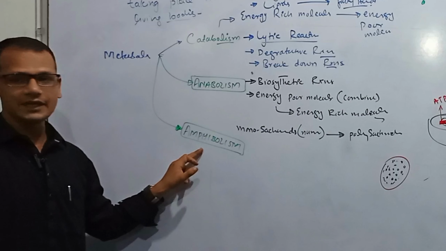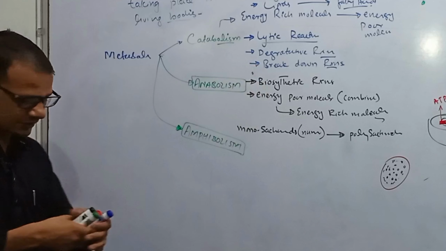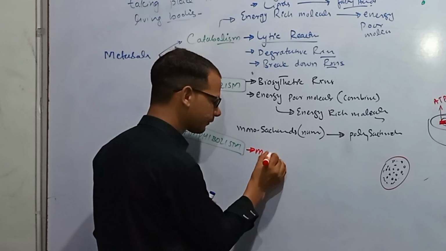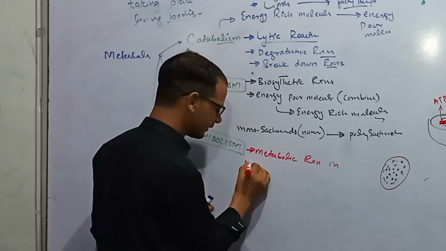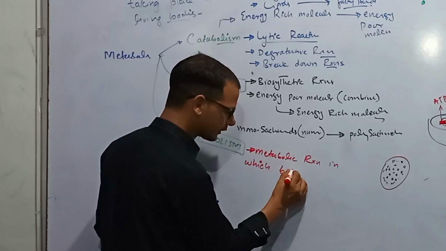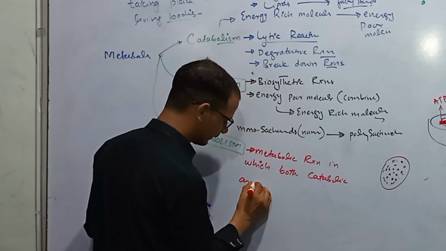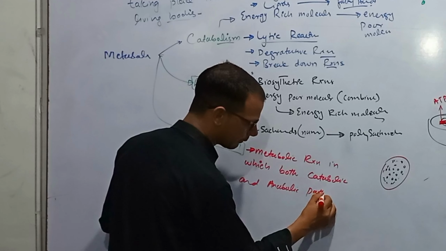So the amphibolic pathway gives us the concept about this whole reaction. And what is amphibolism? The metabolic reaction in which both catabolic and anabolic pathways are present, right?